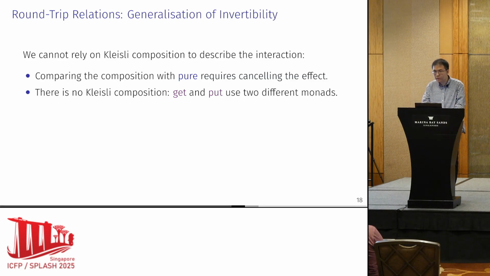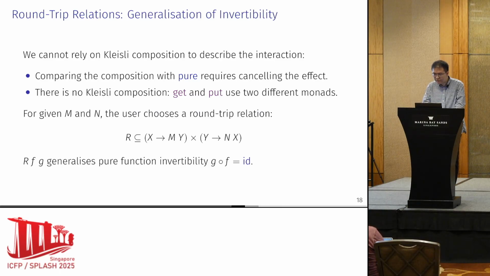We see that the round-trip properties for pure lenses are actually specified using function inverse. So we generalize the invertibility relation to what we call the round-trip relations. We have this relation R between the two Kleisli arrows to describe something which is a generalization of F after G is ID.